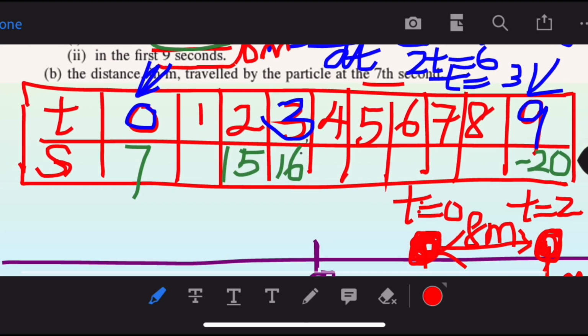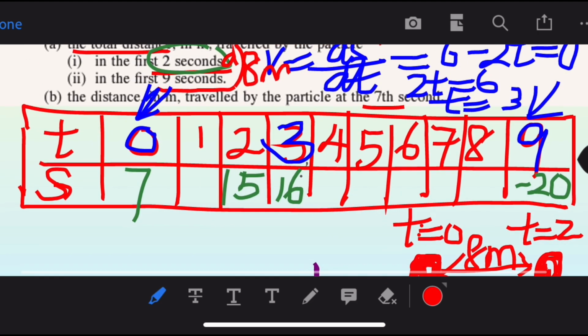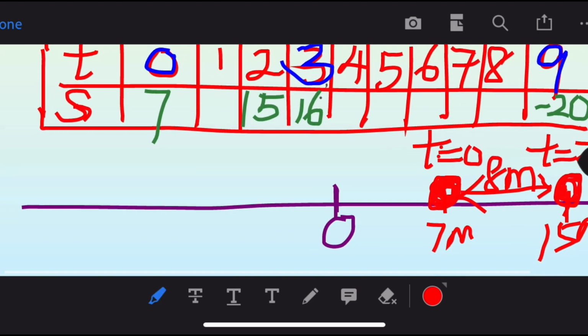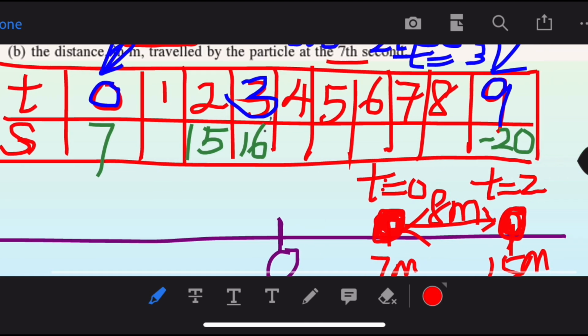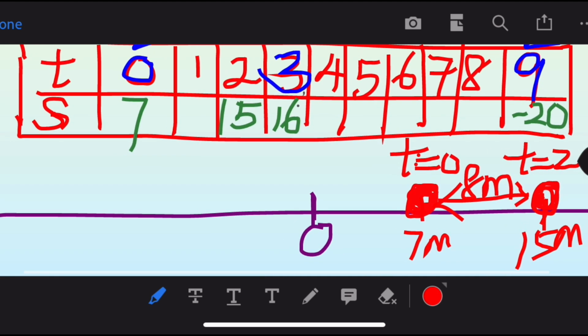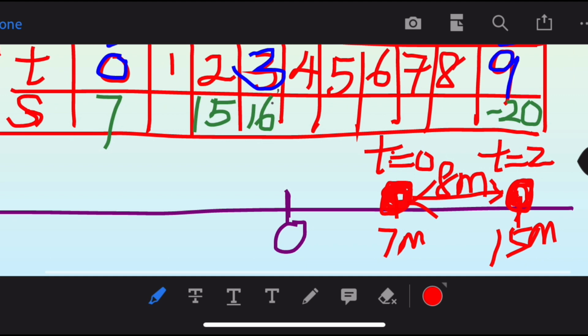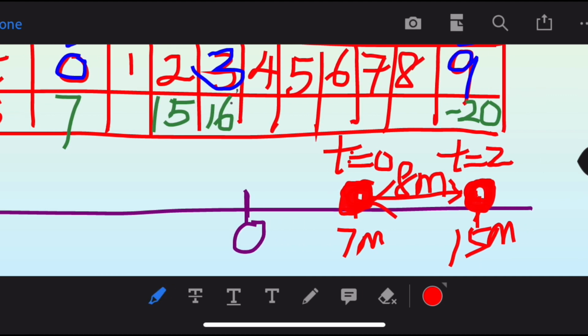Okay, for B, the distance traveled in the first 9 seconds. This one we need to be very careful, so we have to work out the movement of the particle. The particle starts here, it moves to here, and then it changes direction when t equal to 3.